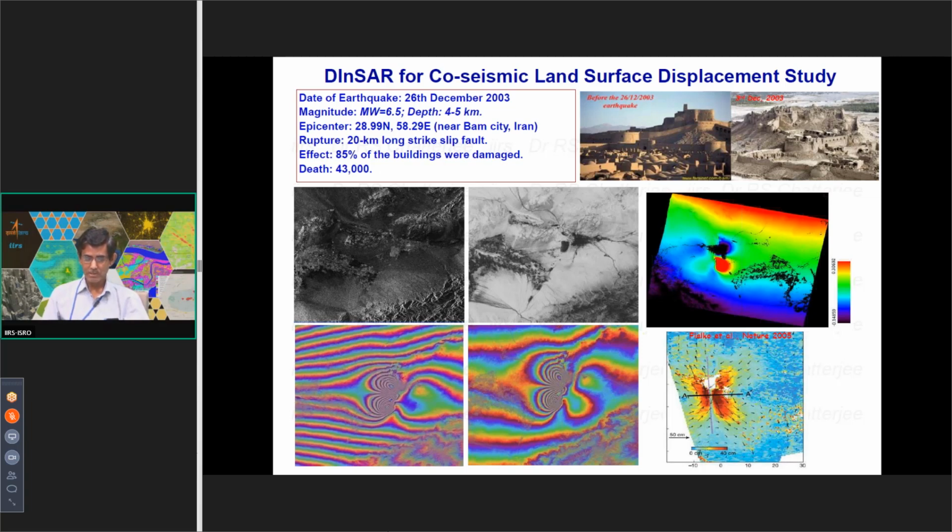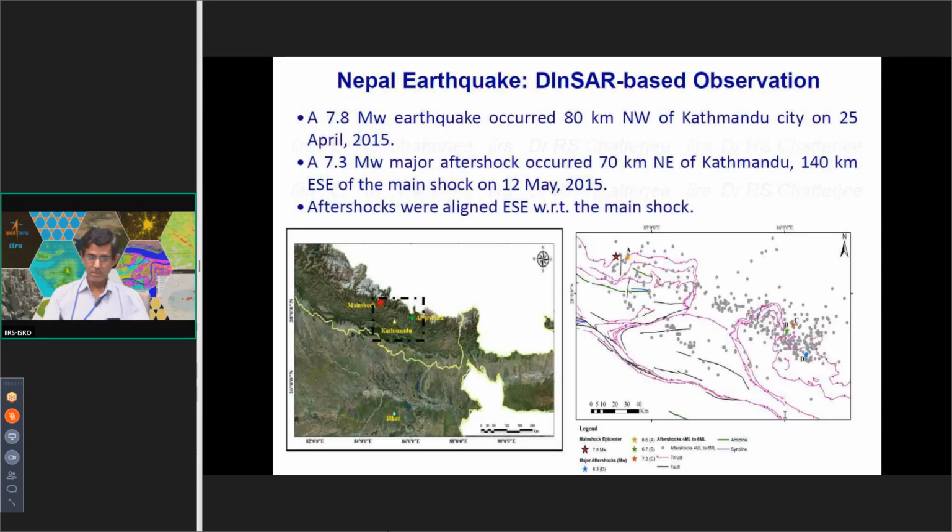From this legend you can see that tens of centimeters of displacement has taken place. Now in the right bottom you can see the displacement vectors decomposed, showing how the displacement has taken place, and the displacement vectors can be resolved.